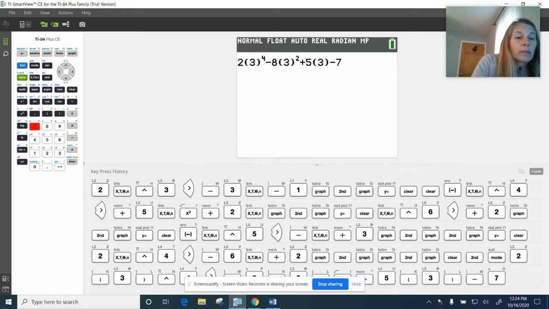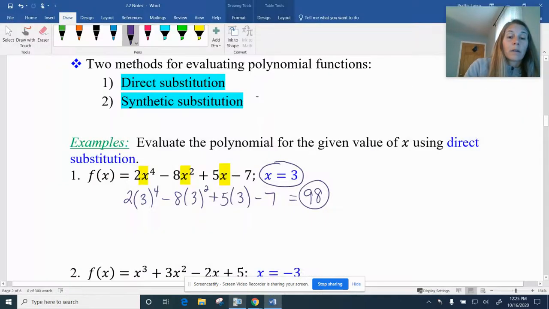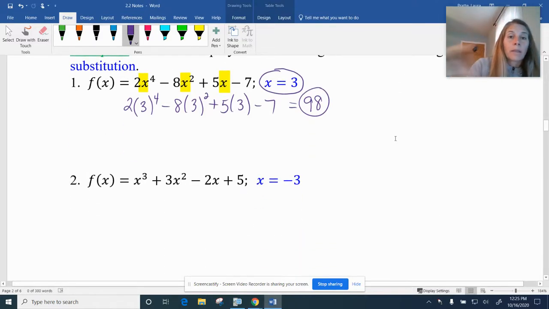Notice I'm using my parentheses around every time when I substituted in that number. And there's my 98.